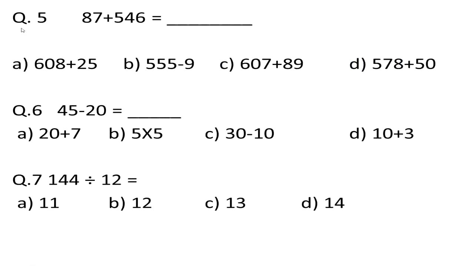Now in this question 5, listen carefully, 87 plus 546 is equal to, here not only find the answer of this summation but again we have to find out of these four options which one is correct. For our understanding, that is unit place value 6 plus 7 is 13.